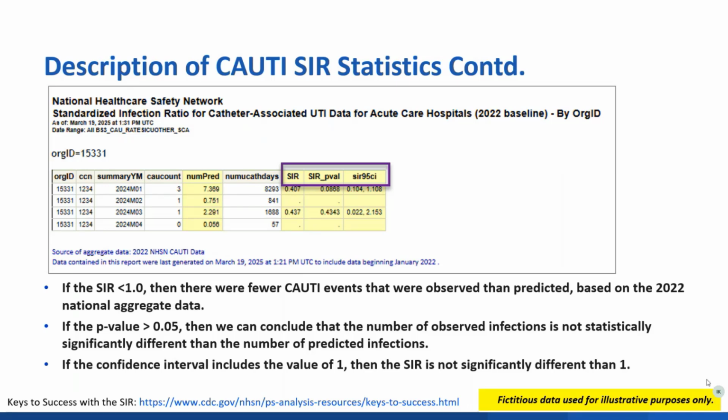If the confidence interval includes the value of 1, then the SIR is not statistically different from 1. This reinforces the idea that the observed infection rate is statistically similar to the predicted rate. Taken all together, these elements, the SIR value, the SIR p-value, and the SIR 95% confidence interval, provide the fuller picture of your facility's performance.